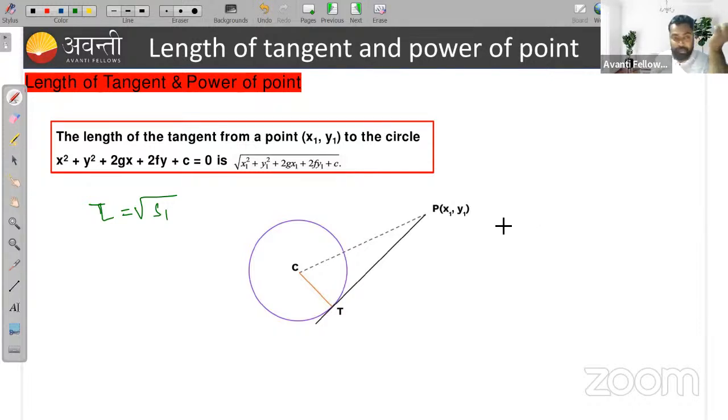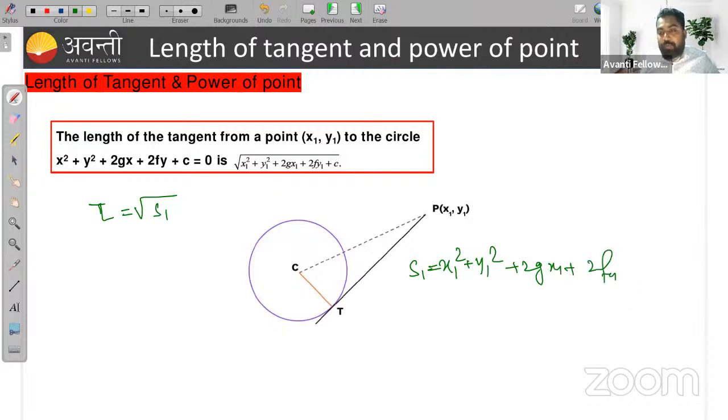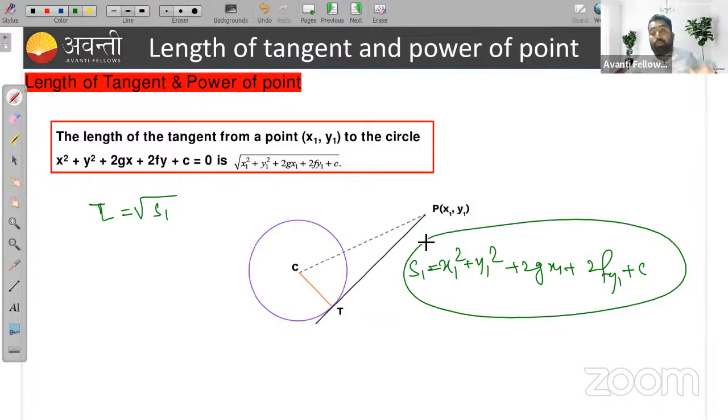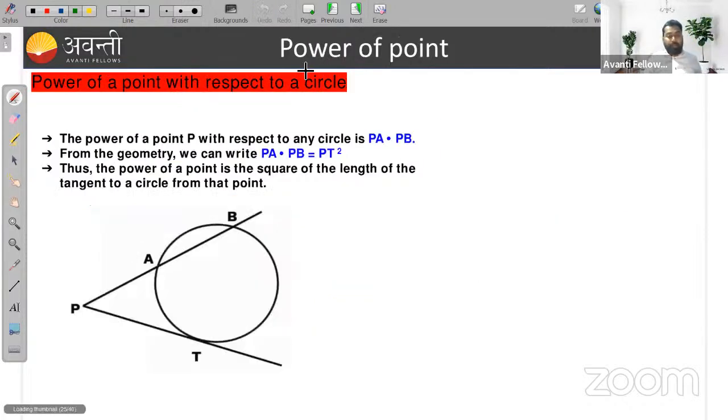After putting, you get x1 square plus y1 square plus 2gx1 plus 2fy1 plus c. So from here you get S1, and root of S1 will be the length of the tangent in this case. Okay, is that clear to everyone? If it is clear, then move to the next thing.